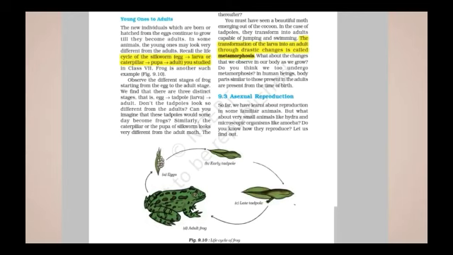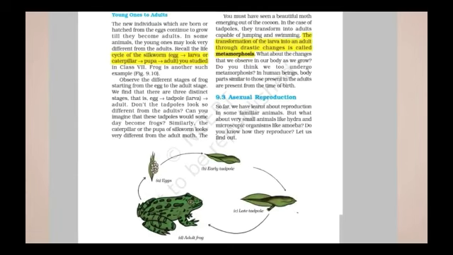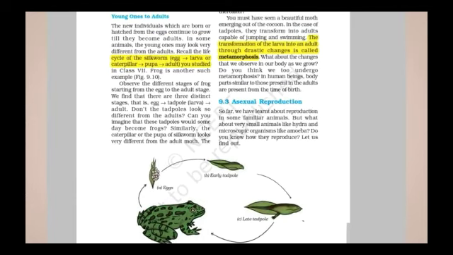After the eggs are fertilized, they grow into tadpoles. Tadpoles have gills and long tails. But upon higher development, slowly the tail disappears and the gills also disappear in the frog. Such drastic changes are called metamorphosis.